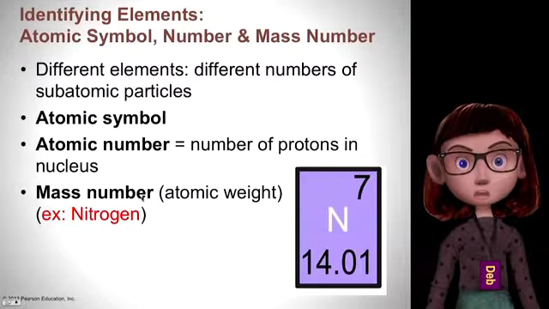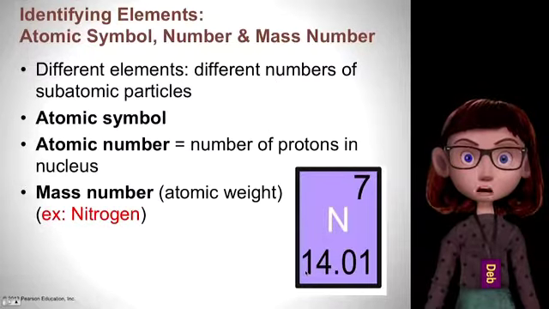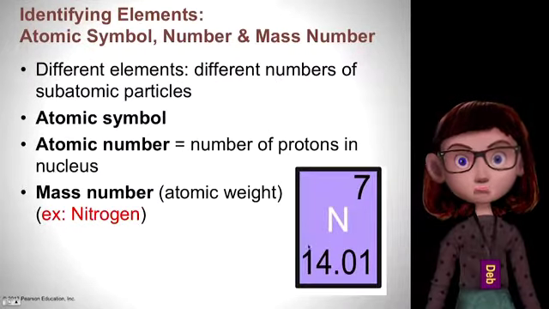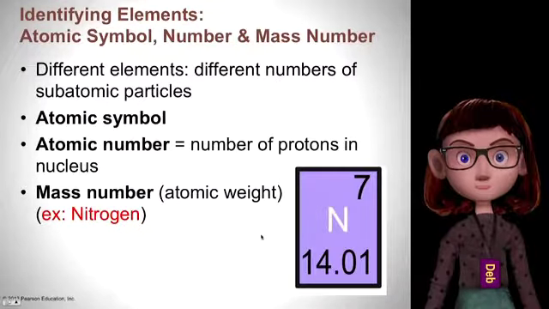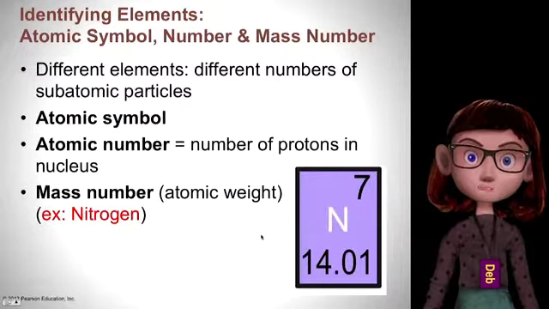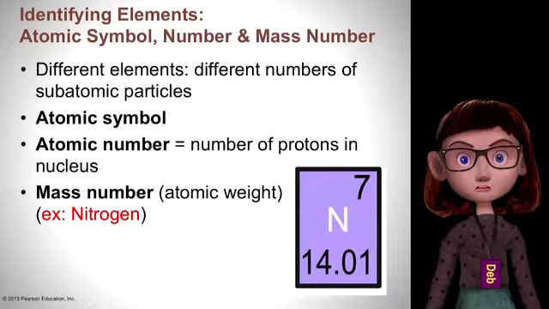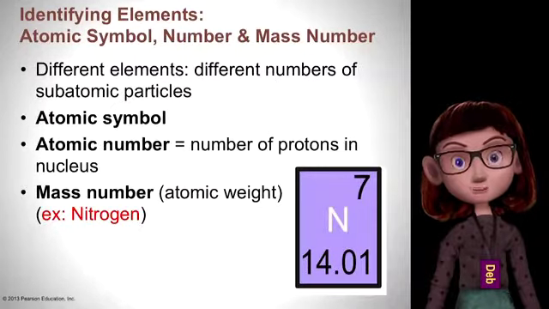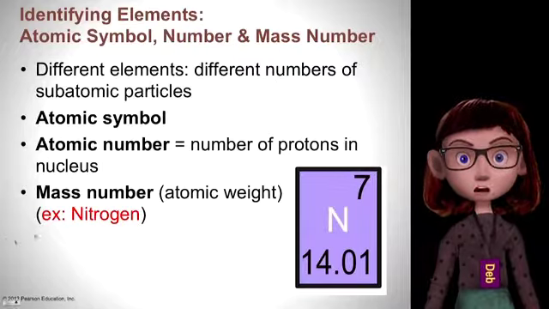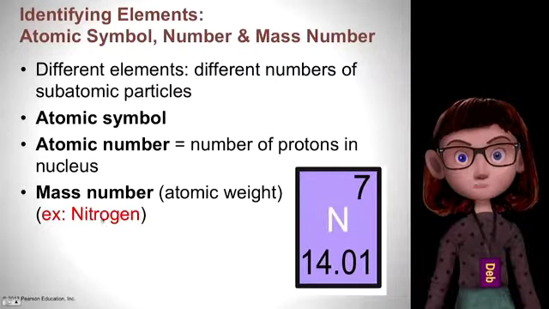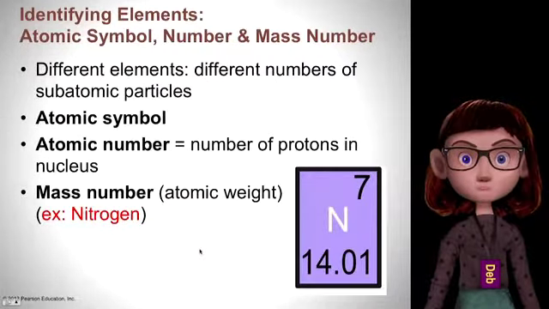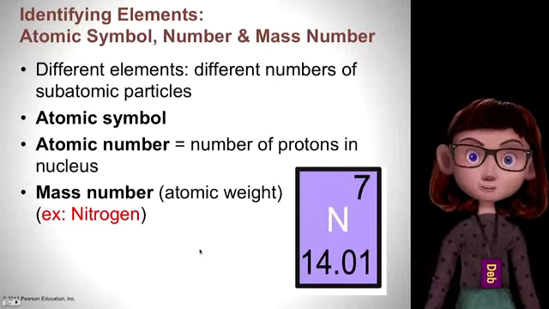The mass number is down here. This is also called the atomic weight. Keep in mind, protons weigh 1 AMU, an atomic mass unit. It's so tiny you can't weigh it on a scale, even a gram scale. Protons weigh 1, and neutrons also weigh 1 AMU.